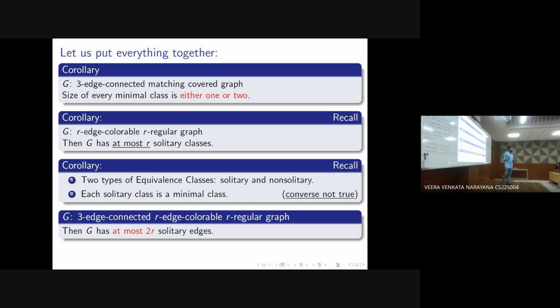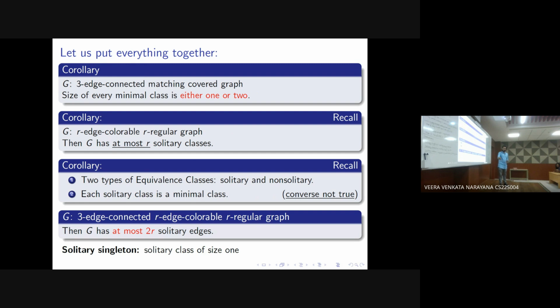So we'll take a moment and observe why this follows from these three. Here it says, if you take any r-edge-colorable r-regular graph, it has at most r solitary classes. Here it says, if you take any 3-edge connected matching cover graph, size of each such class is either 1 or 2. So therefore, at most 2 times r solitary edges we will get. Okay.